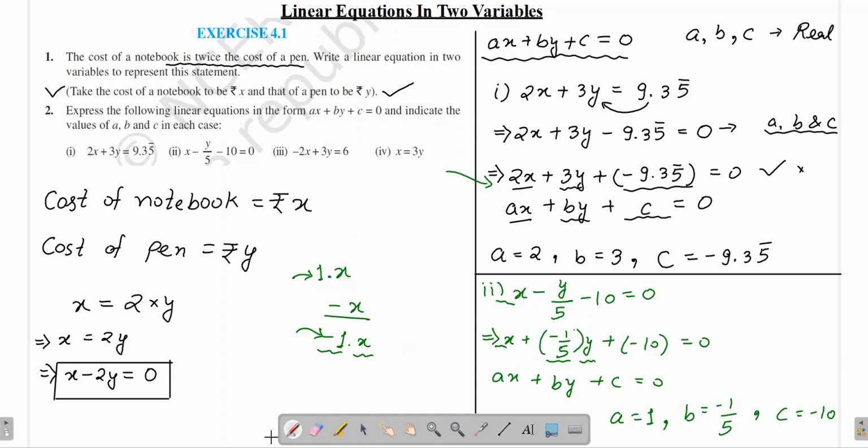Let us take a third one, which is minus 2x plus 3y is equals to 6. So the question is minus 2x plus 3y is equals to 6. We can shift this to this side. It will give you minus 2x plus 3y minus 6 is equals to 0.